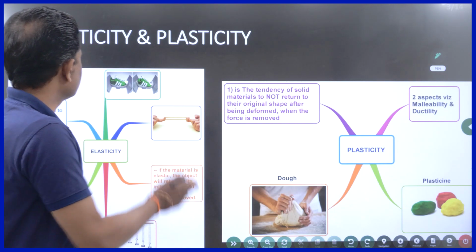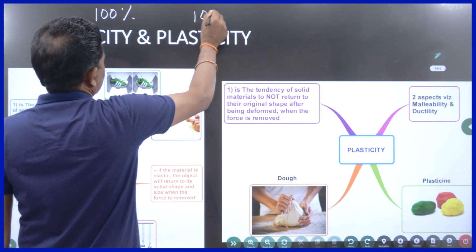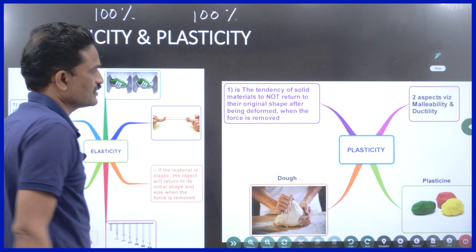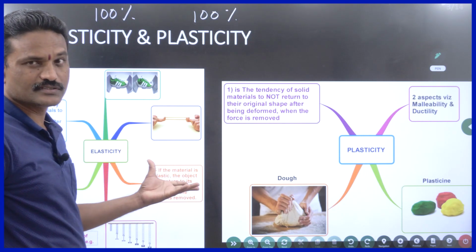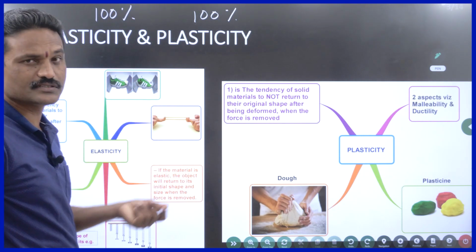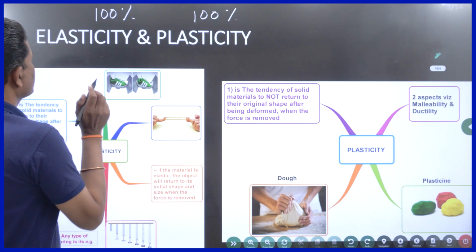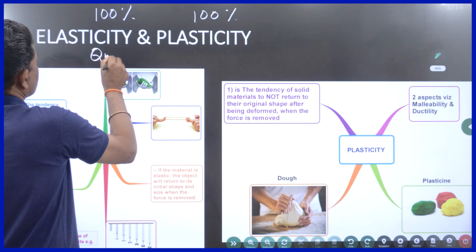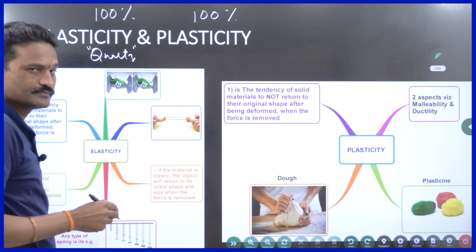You don't have a 100% elastic object in nature and you don't have a 100% plastic object in nature. So, you can't have an ideal elasticity situation or an ideal plasticity situation. Now, the best elastic object in nature is considered to be quartz crystal.